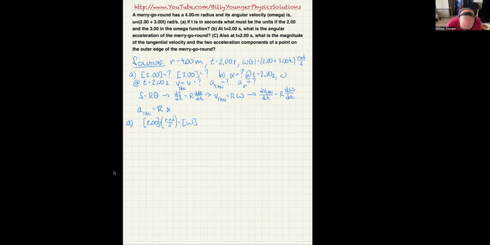According to the equation omega equals 2.00 plus 3.00 t in parentheses, the 2.00 is being multiplied by radians per second. We know that the units of omega are generally radians per second as well. That means the units of 2.00 are none. It doesn't have any units. It's a pure number.